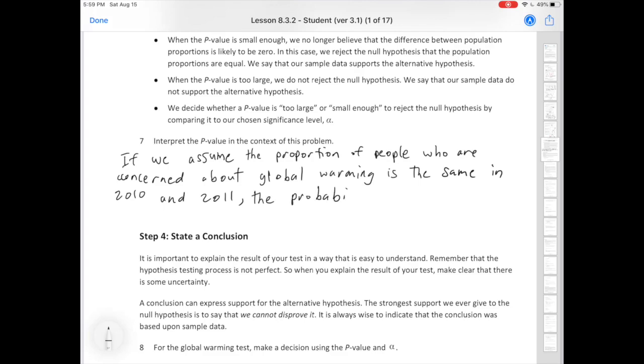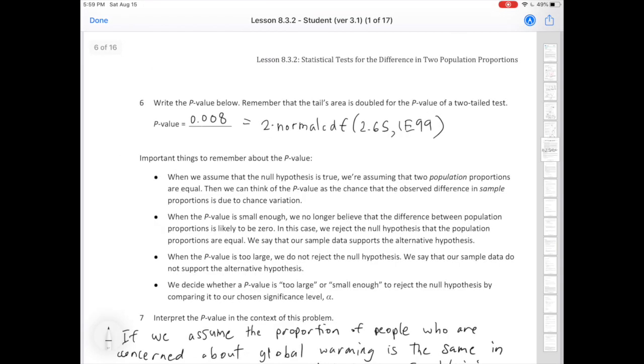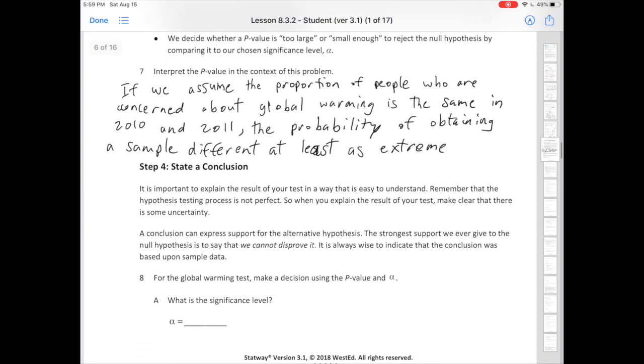the probability of obtaining a sample difference at least as extreme as the one we observed is 0.008.